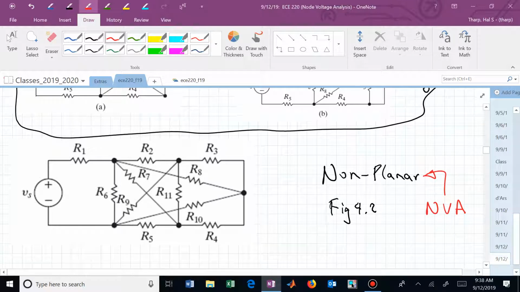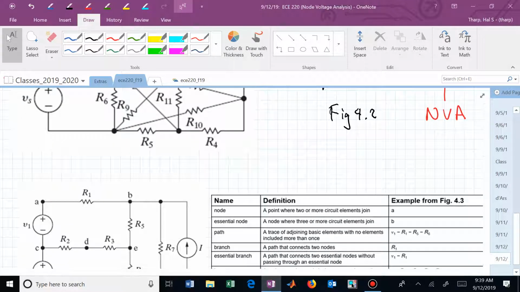So we can only apply node voltage analysis to both, and that's the strategy we're learning today, node voltage analysis. Meaning, if you have a non-planar circuit, you automatically know what analysis strategy you need to apply. You can't even apply mesh current analysis, so don't even worry about it. Let's now focus on node voltage analysis.